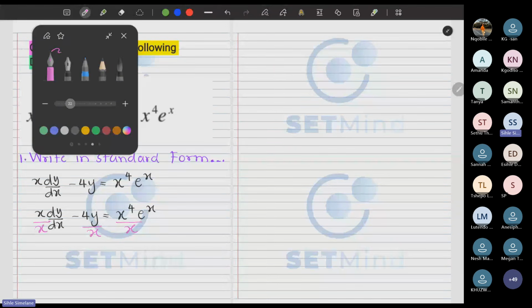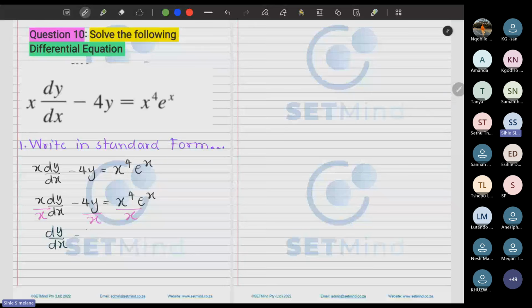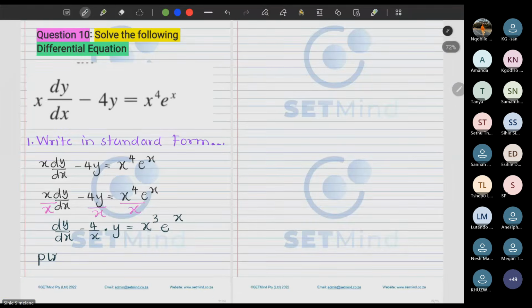What do we get? What we end up getting is dy dx minus 4 divided by x times y equals, if you observe carefully, x cubed e to the x. So now, guys, what is my p of x here?